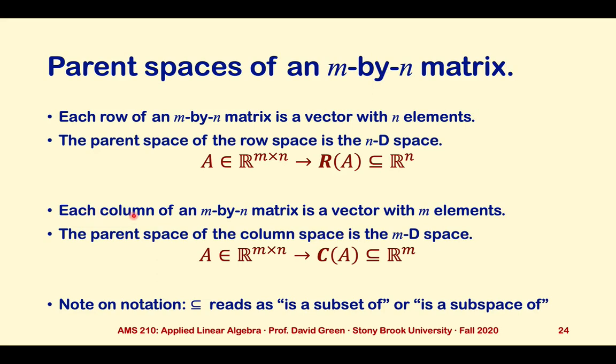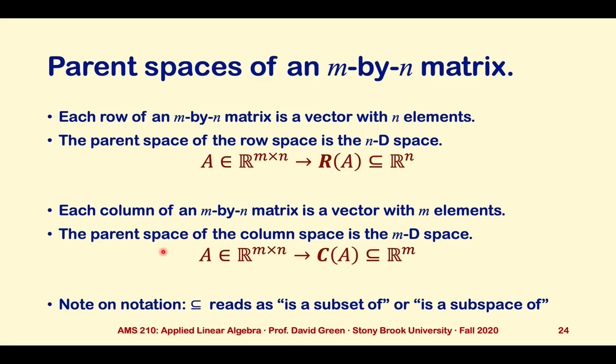Similarly, each column of an M by N matrix is a vector with m elements, the number of rows, and this means that the parent space for the column space is the m-dimensional space. We say that the column space is a subspace of Rm.